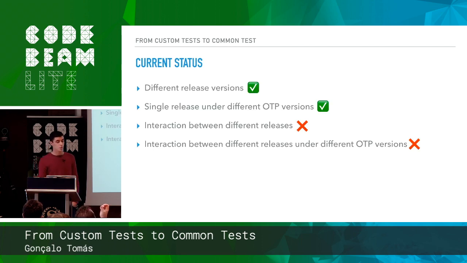So the current status of the new Riak tests. We are able to test the different release versions through the rebar 3 profiles that I mentioned. We are also going to use the same cop-out to test different releases under OTP versions. We just forward it over to Travis CI and Circle CI. I'm not saying this is impossible, but for now we don't have a mechanism to test the interactions of different releases. This is useful, for example, if you imagine that you have a Riak cluster on version 2.2.3, and you're going to add a new node that is on version 2.2.6.